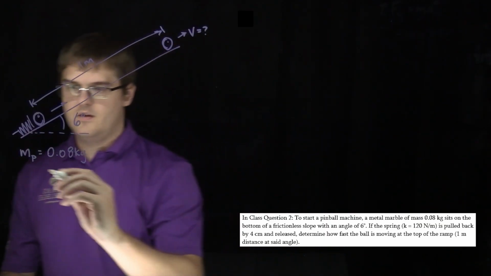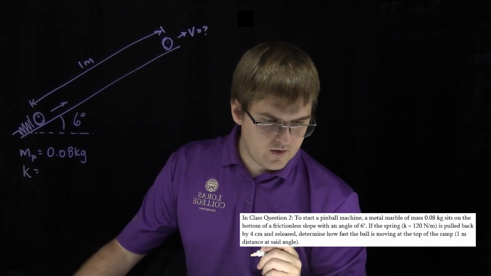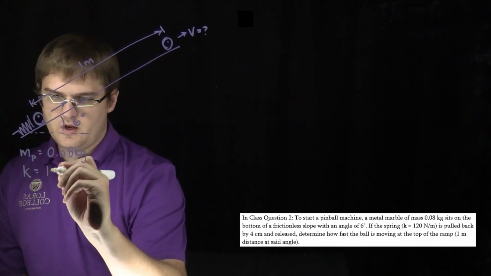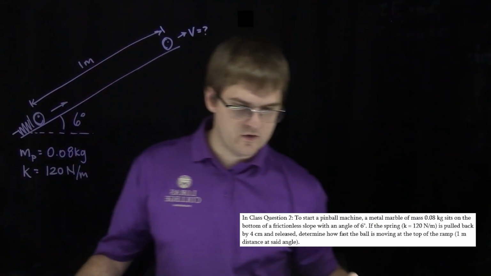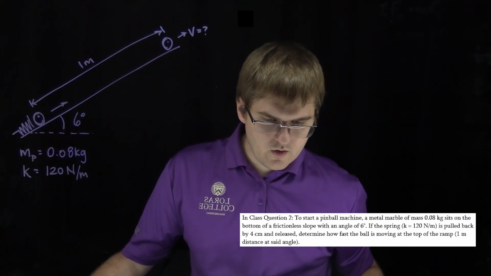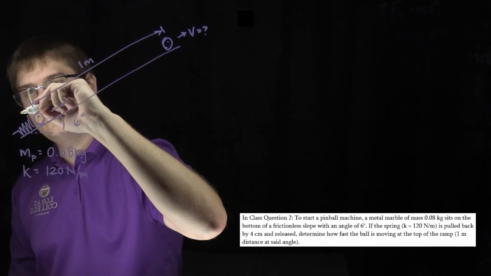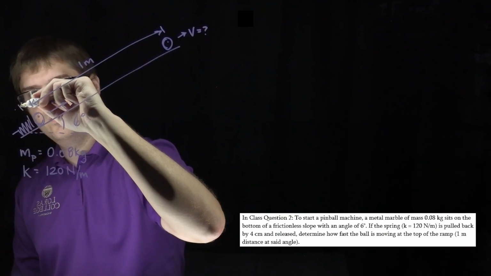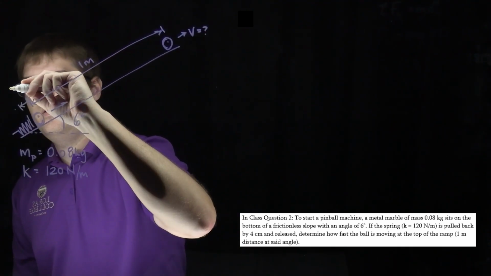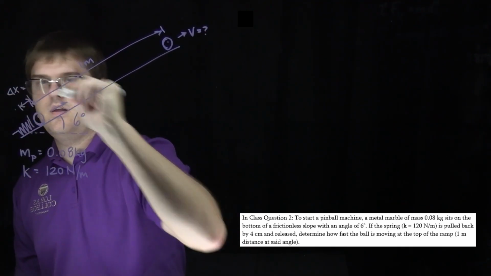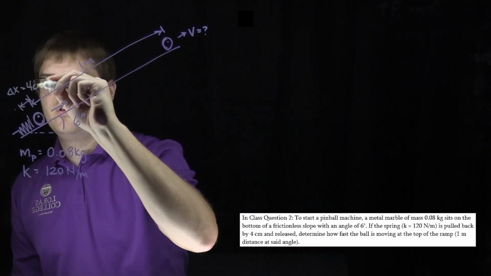I'm given that the spring coefficient for my spring is 120 newtons per meter. And there it goes, I needed the distance it's been pulled back. This spring, if there was no pulling back on it, wants to be a total distance of 4 centimeters longer.